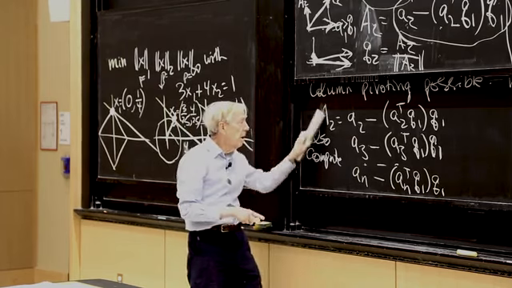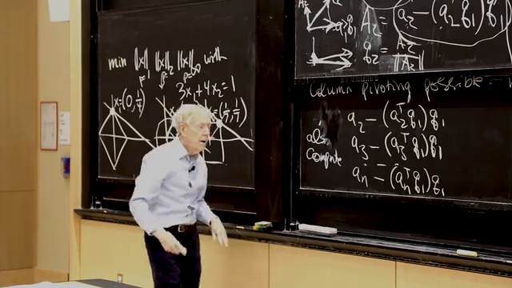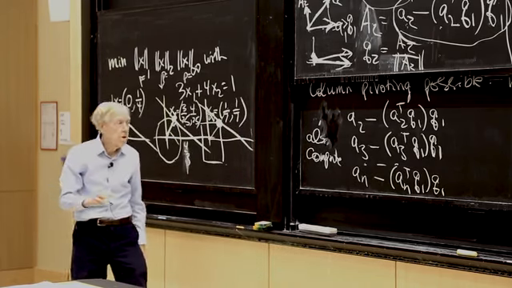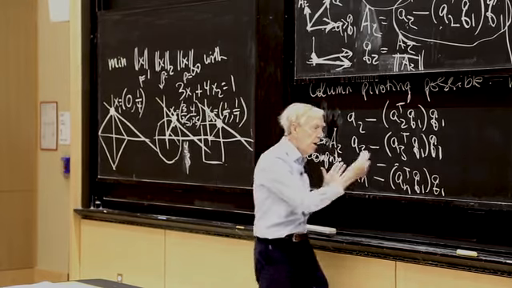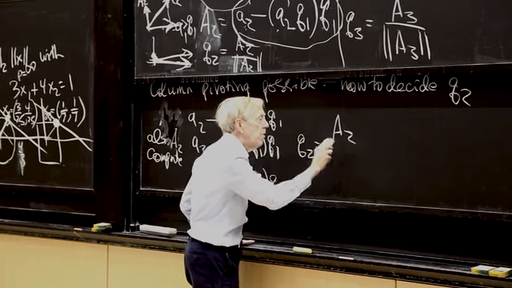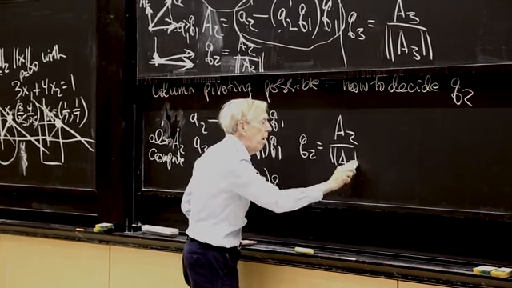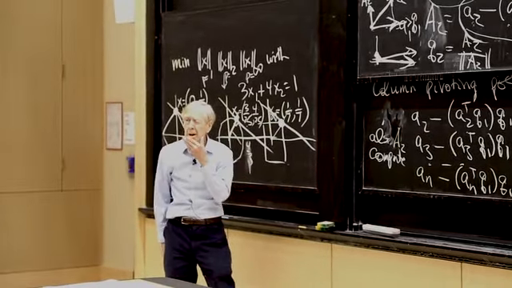So it might not be this one. If this one is largest, then I'm taking column 3 first, and that will be my A2. Then Q2 will be that A2 over its norm. You see the difference?